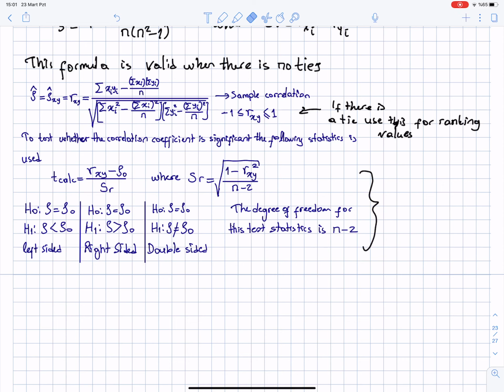We use the same hypothesis to test, and we use the same statistics, of course, with the same degrees of freedom.